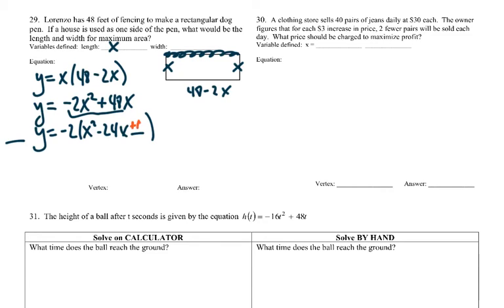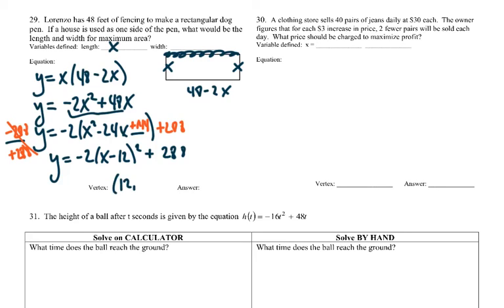Half the middle term squared is 144, which is really a negative 288. So when I add it over here, 288. So I get negative 2 times x minus 12 squared plus 288. So my vertex, 12, 288. So the rectangle there is actually a 12 by 24.